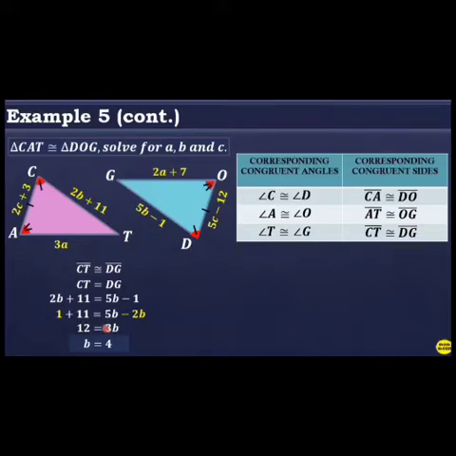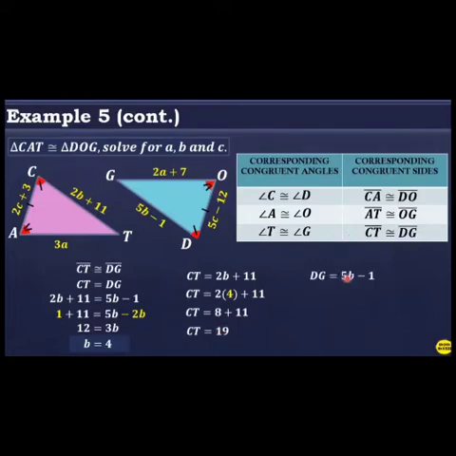Now, let's check. Our CT is 2B plus 11. Substitute B in the measure of CT. It should have the same measure as DG. So, substitute 4. We have 2 times 4, that is 8, plus 11, that is 19.